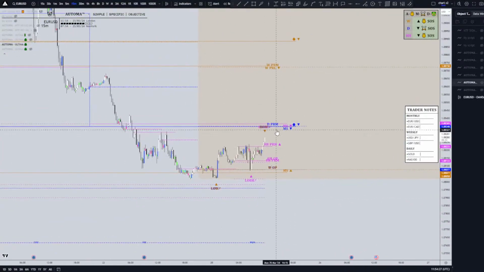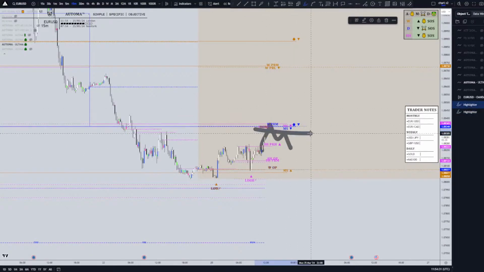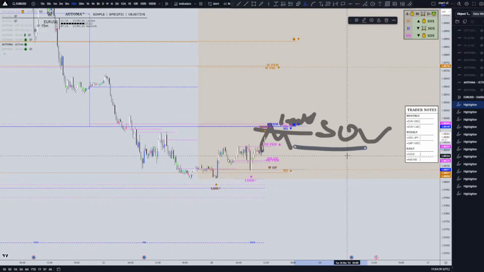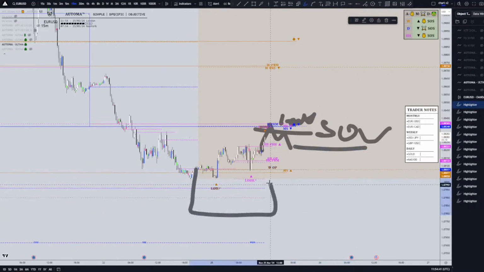Like I said, if we just push up and it shows us a sign of weakness at the high of the week, high of the day, daily open fails, obviously we know where it's gonna go, right? We know where it's gonna go.